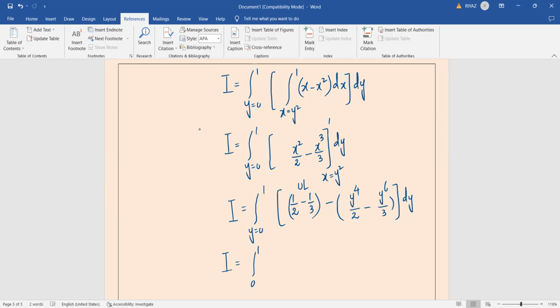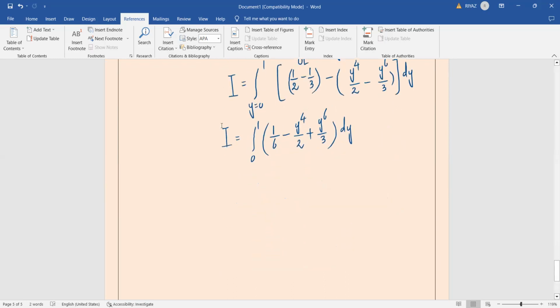Now no need to mention. This is 1 by 6 minus y power 4 by 2 plus y power 6 by 3 into dy. See, whatever is left is the terms of y only. Some students in a hurry will take 1 by 6 outside. How is that possible? 1 by 6 is not outside.